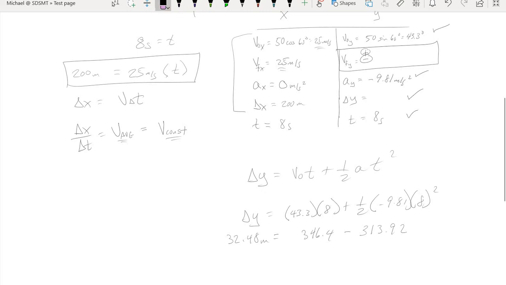To do this, we would need the initial velocity component, the acceleration, and the time. So we don't want to use that displacement that we just solved for.